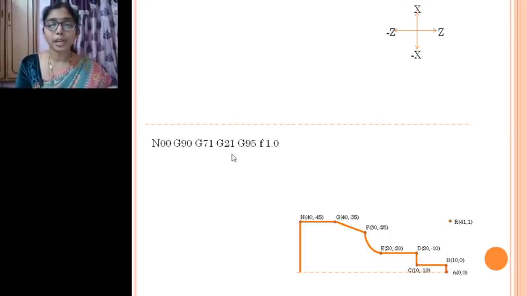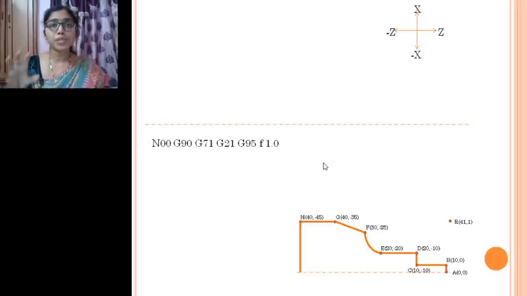G95 will tell whether the feed is in mm per revolution or mm per minute, what the feed units are, right? So the first line should contain these.